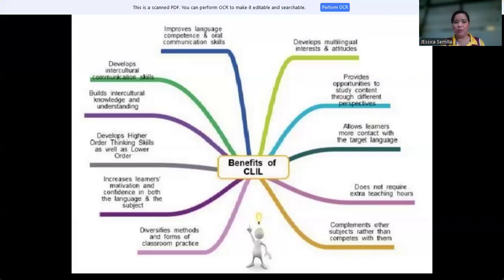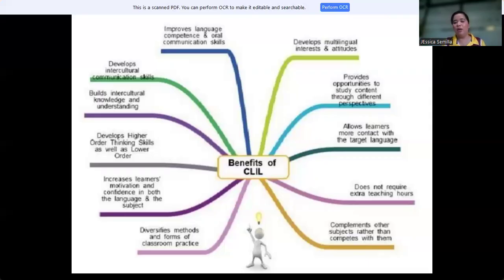And of course, they develop higher order thinking skills since they are looking into learning other contents while there's language focus. And it builds intercultural knowledge and understanding because knowing the roots, going beyond the target language, creates bridges and connection. And of course, they develop intercultural communication skills.